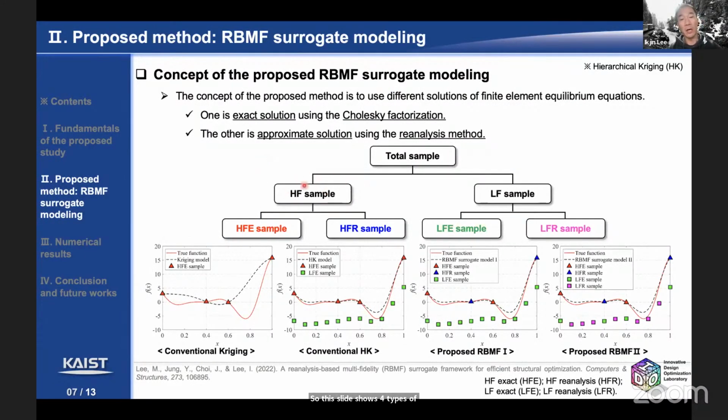There are high fidelity samples and low fidelity samples. In each of them, we could have a high fidelity exact sample, HFE, and a high fidelity reanalysis sample. Also a low fidelity exact sample and a low fidelity reanalysis sample. By combining all these samples, we could build an accurate surrogate model with less computational cost.